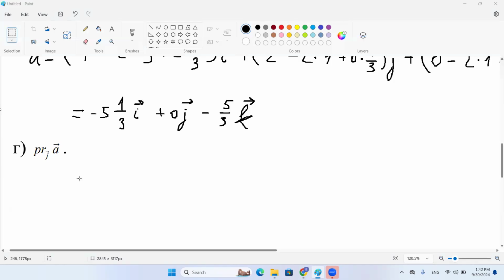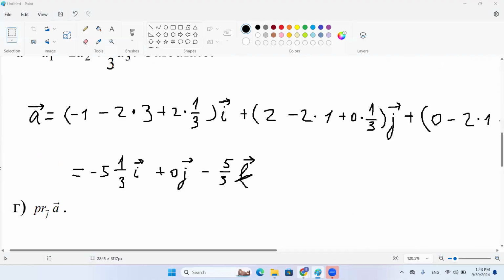So don't you remember that? Actually, we take just the corresponding coordinate. So we want to find the projection on the y-axis, and it will be just the y coordinate, that is equal to 0.